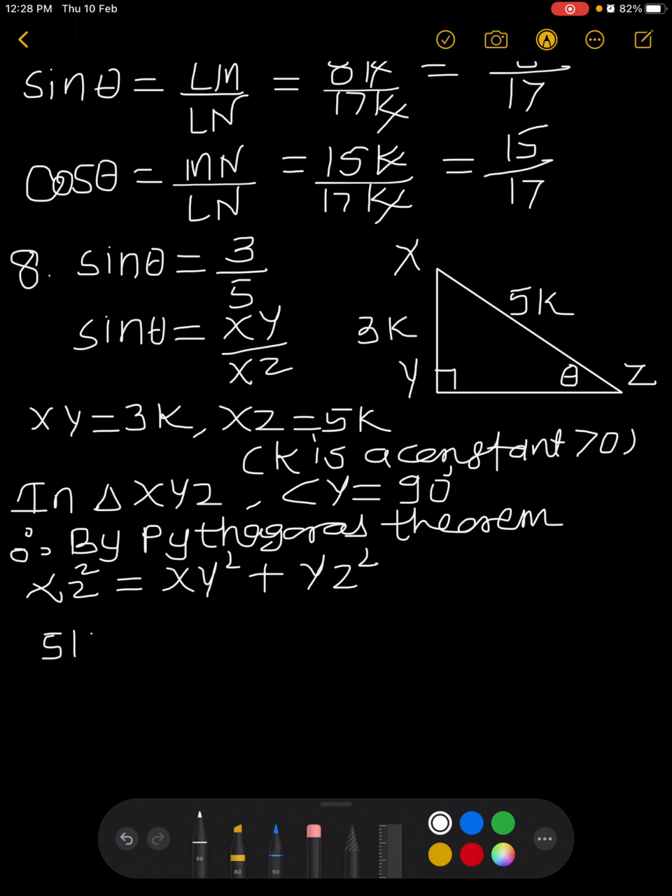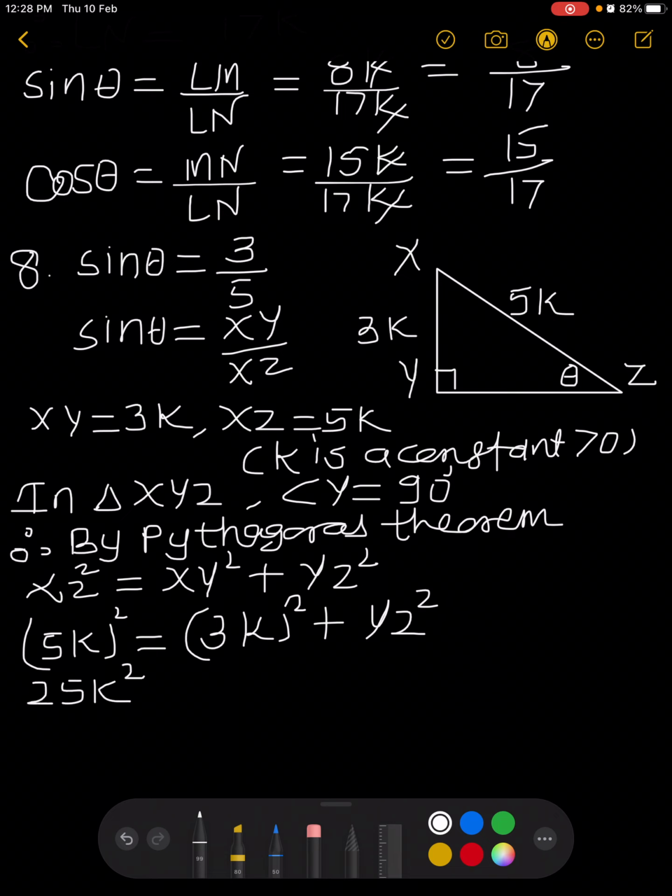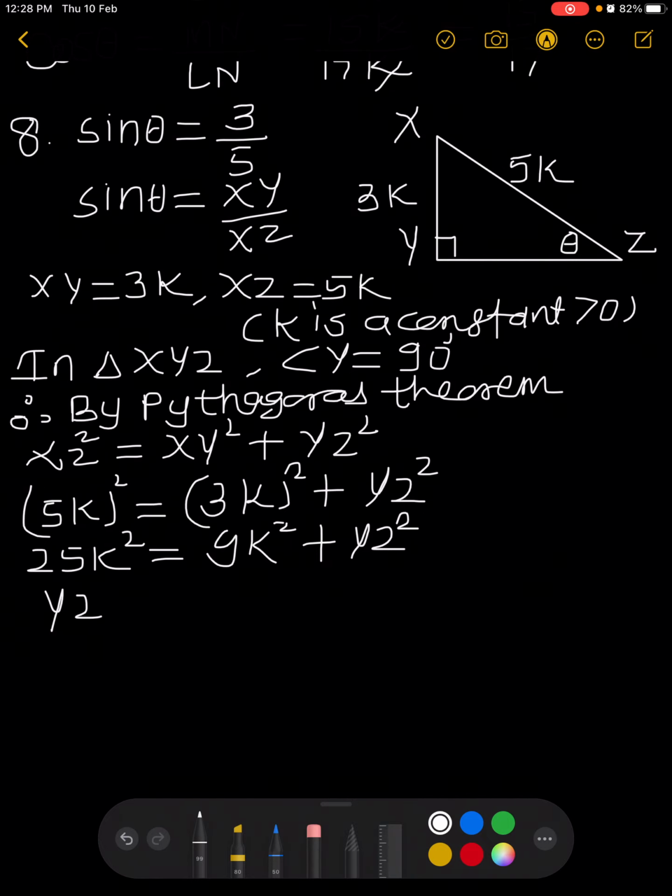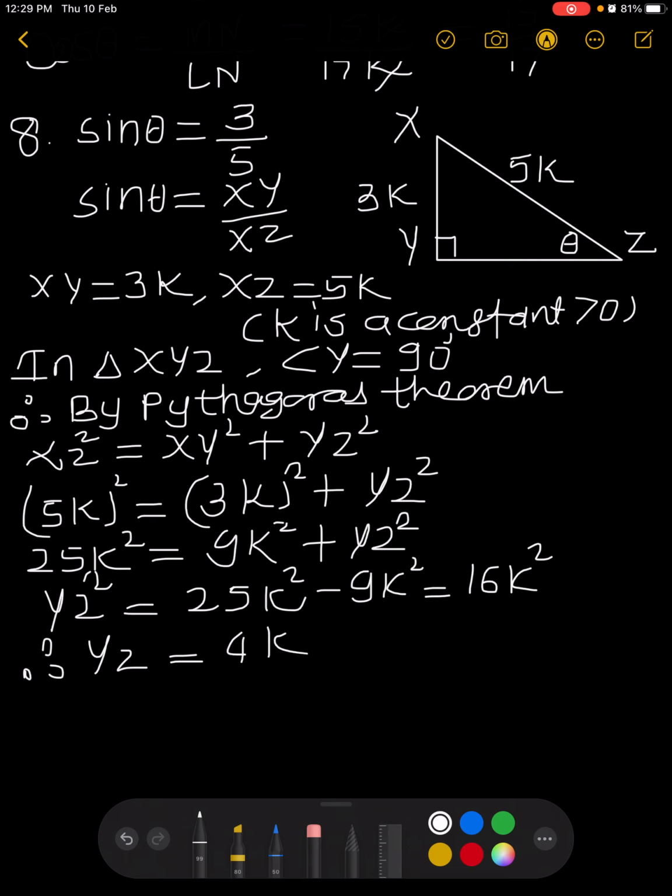XZ we have got as 5k, squared, XY 3k, squared, YZ squared we do not know. 25k squared, 9k squared and YZ squared. Further, for getting YZ squared, we write 25k squared minus 9k squared is equal to 16k squared. Therefore, YZ is 4k.